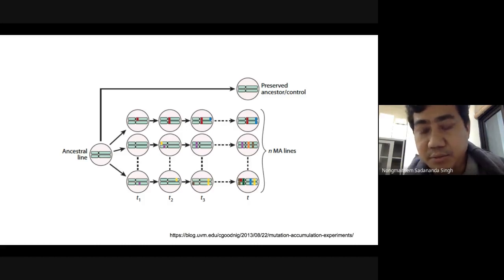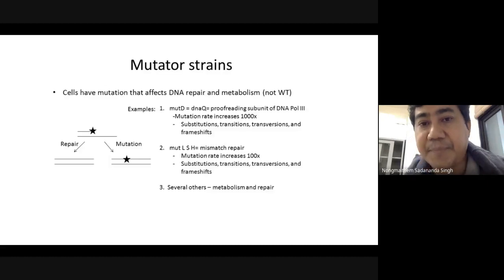Next, what we need to discuss is the mutator strains. What we mean by mutator strains is a background strain which is highly mutagenic, or which, due to mutation in certain genes, has an enhanced rate of mutation. Those strains carrying those mutations are called mutator strains.